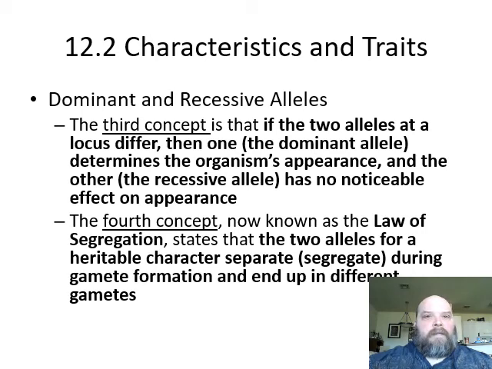Nowadays, in modern science, you think back to chapter 11 in meiosis, we know that every gamete that's produced is haploid, thus it only gets one set of chromosomes. Every chromosome is going to have only one gene, allele. So, it turns out he was right.